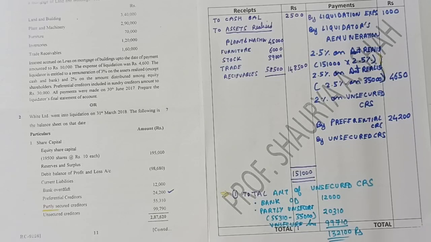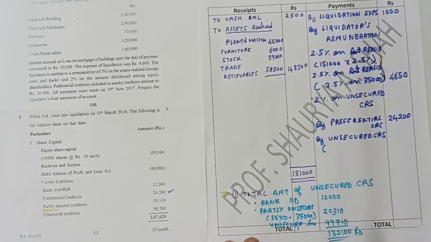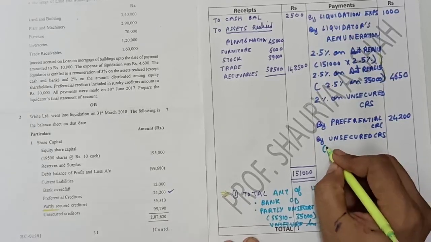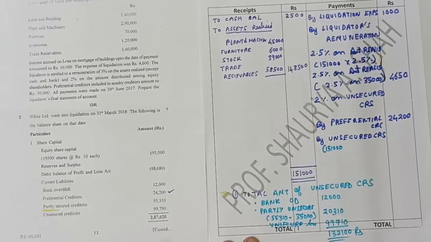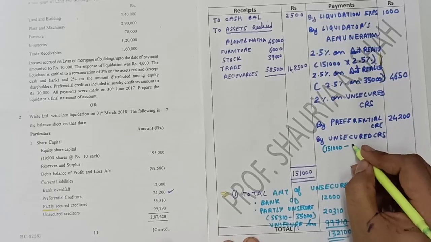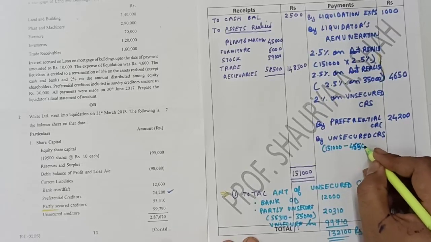Fine. So for the unsecured creditors, you first need to find out the amount you have on hand. So you deduct from the receipt side. How much is the receipt side? 1,51,000 rupees. From 1,51,000, first of all, you have paid 4650.